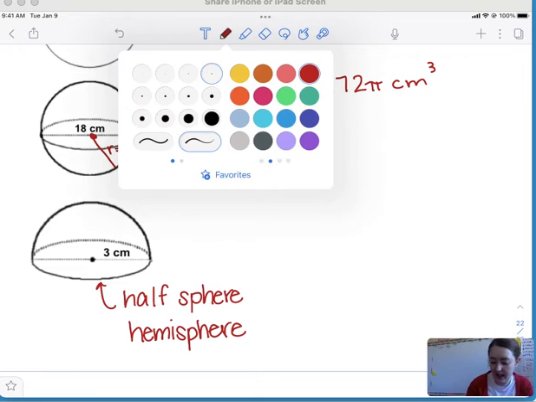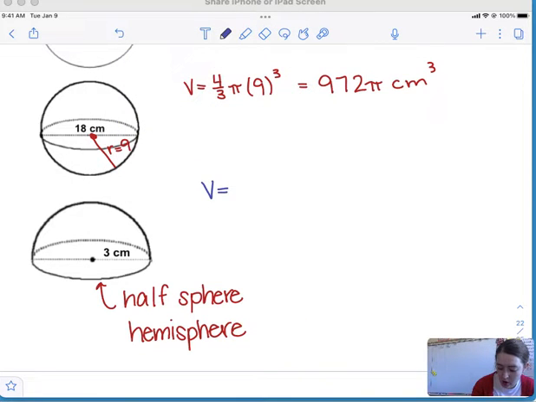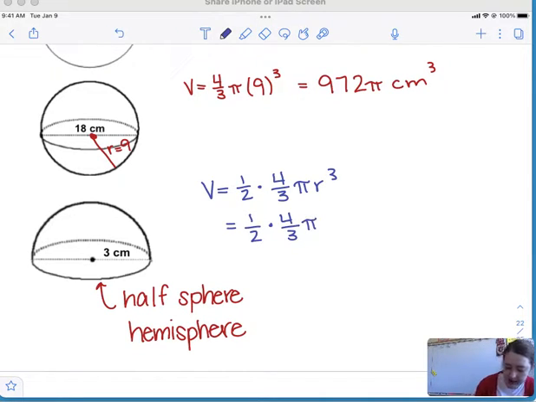So when we're finding our volume, we're just going to put another 1/2 in front of that 4/3 pi r cubed. So we've got 1/2 times 4/3 pi times 3 cubed there for the radius. And when we put that into our calculator, we're going to end up with 18 pi. That'll be centimeters cubed.